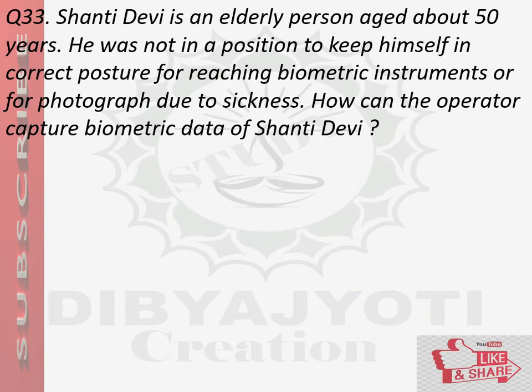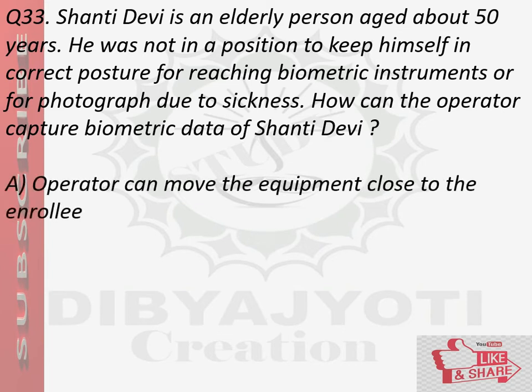Next, Shanti Devi is an elderly person aged above 50 years. He was not in a position to keep himself in correct posture for reaching biometric instruments or the photograph due to sickness. How can the operator capture biometric data of Shanti Devi?